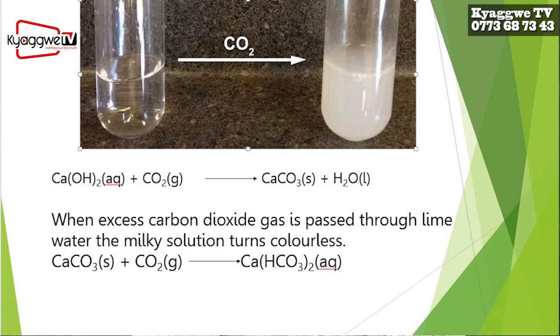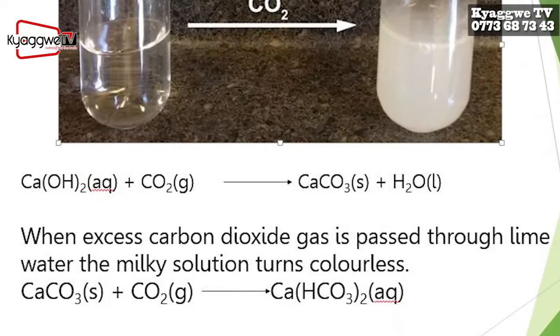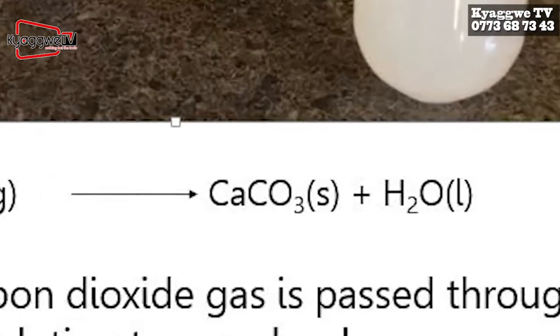So the milkiness or the turbidness of the solution is because of the presence of a precipitate or the solid of calcium carbonate. So during the reaction of calcium hydroxide and carbon dioxide, the precipitation or the milkiness that we see is a result of formation of calcium carbonate.